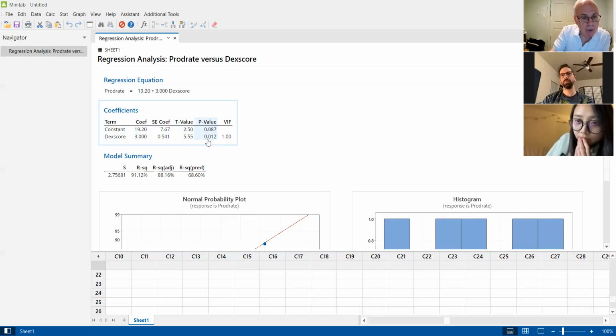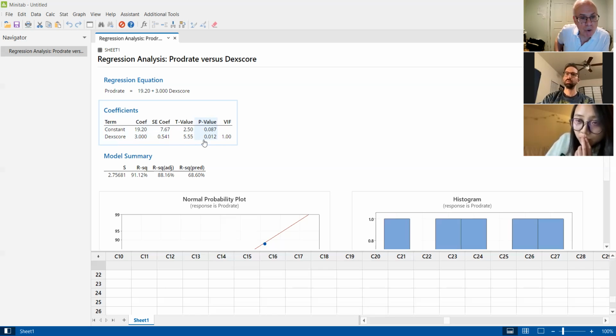What if we ended up with a p-value of 0.4 or 0.5? Would we use this data in a prediction? If the null hypothesis says beta is 0 and we get a p-value of 0.4, not 0.012, that means do not reject the null. Would we use this equation? No, we wouldn't.